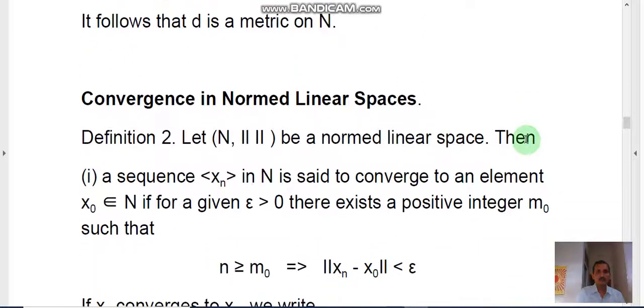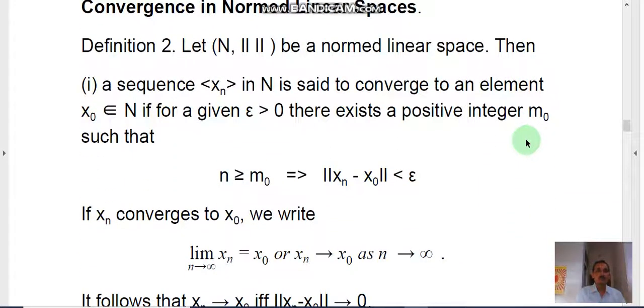So now we define some definitions, for the convergence in normed linear spaces. The first definition: let N be a normed linear space. A sequence x_n in N is said to converge to an element x_0 belonging to N if for a given epsilon greater than 0 there exists a positive integer m_0 such that for all n greater than or equal to m_0, norm of x_n minus x_0 is less than epsilon.